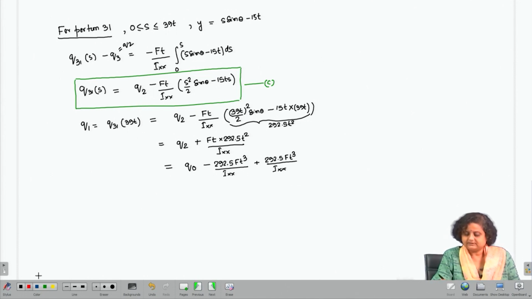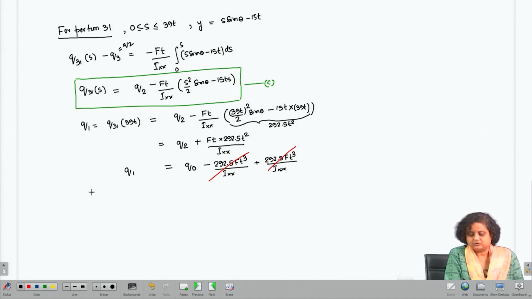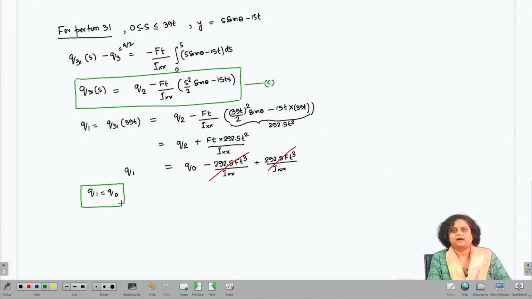So, this and this cancel out. So, finally, we get Q1 equals Q0, the one that we had started with. So, this is a check to see that all the calculations have been done correctly. We go back to the same value that we had started with.